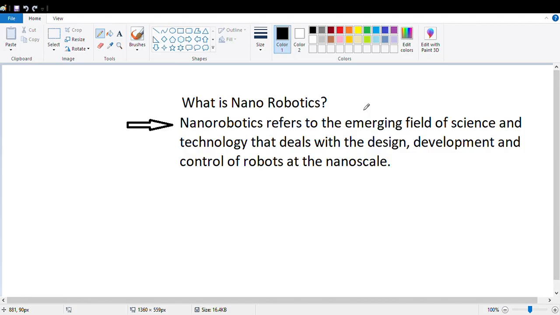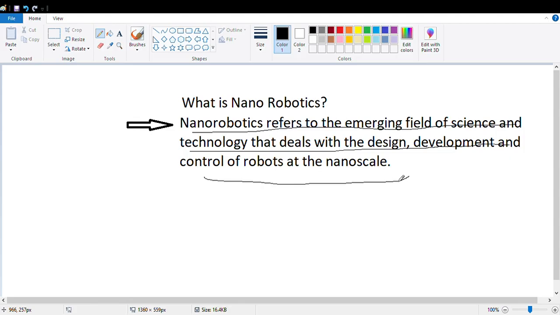So let's get started. The first question is, what is nanorobotics? As you can see, there is a brief definition: nanorobotics refers to the emerging field of science and technology that deals with the design, development, and control of robots at nanoscale. The basic meaning of this brief definition is that nanorobotics is a field in which we combine science and technology and develop robots at nanoscale.